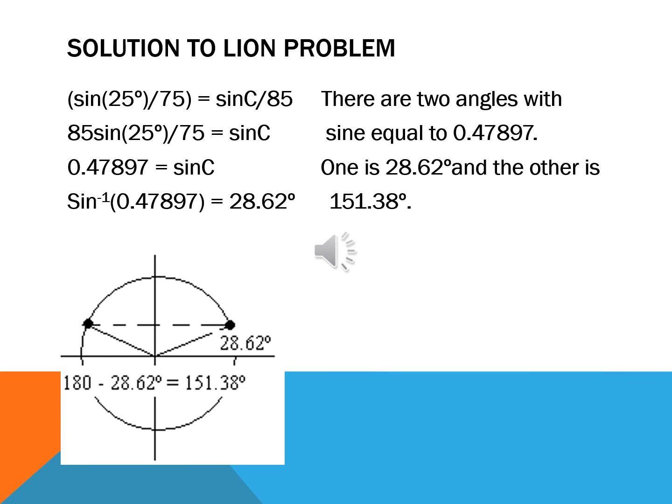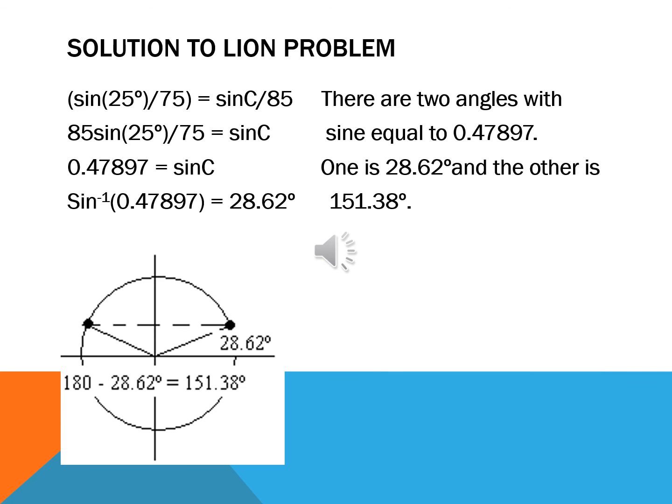Solving for sine of C, we get 0.47897. Inverse sine of 0.47897 is 28.62 degrees. So one of the two triangles has a 28.62 degree angle opposite the 85 length.